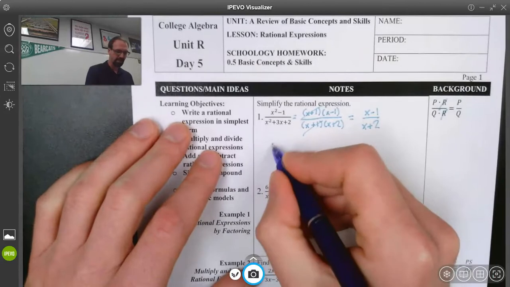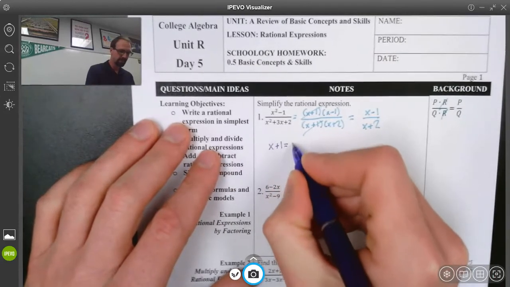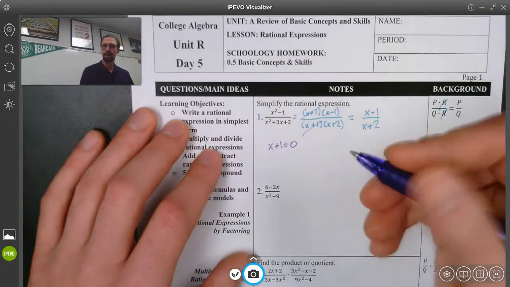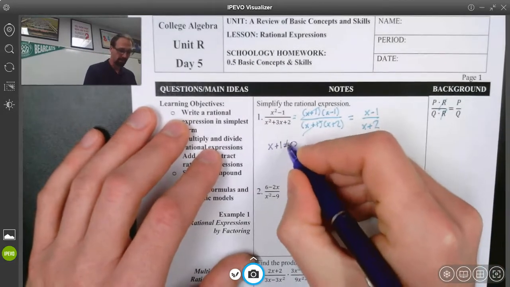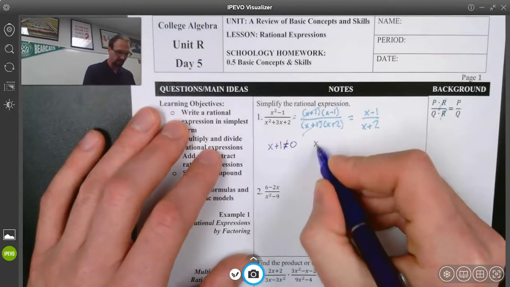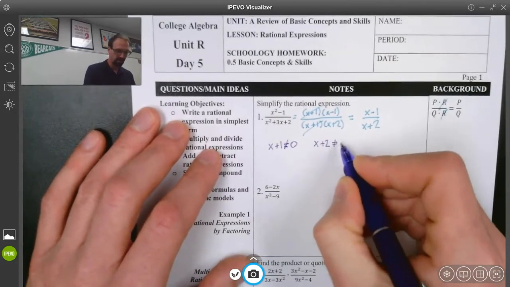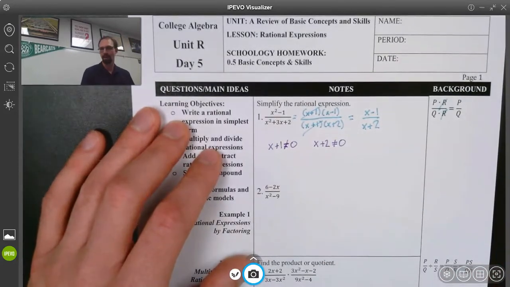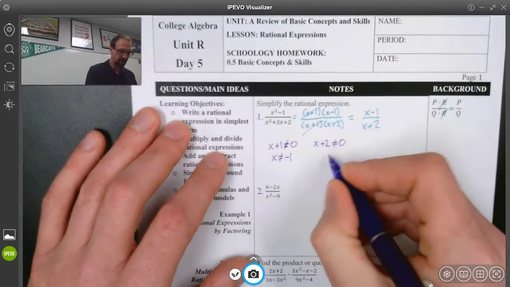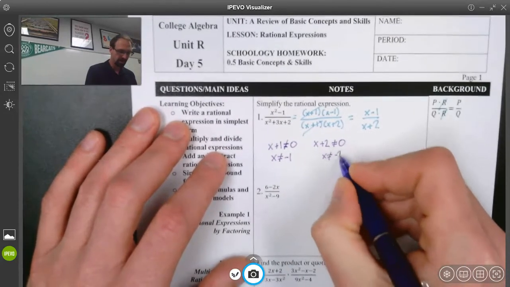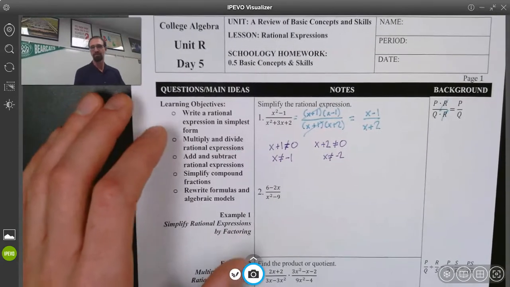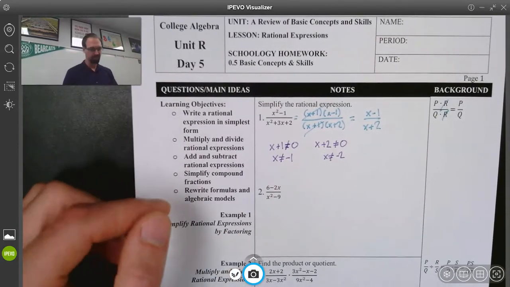Well, if I set what's in the denominator not equal to 0 and then solve, because we can't have this value. Same with over here, not equal to 0. Remember, we can't have the denominator be 0. And then solve, we get x cannot equal -1, and x cannot equal -2. So when we talk about restrictions later on, restrictions to values, that's where that's going to come into play.